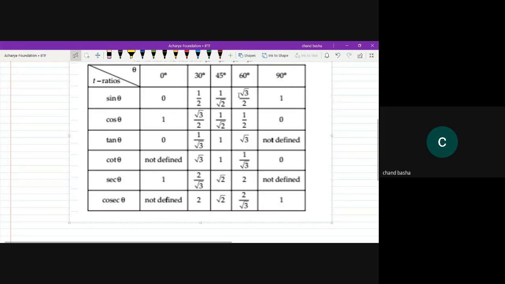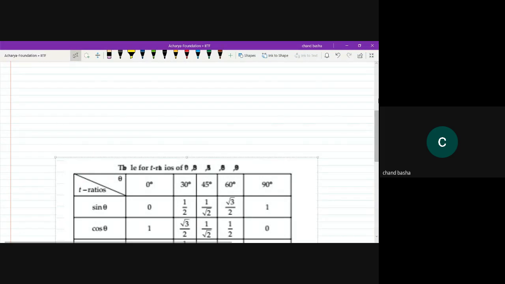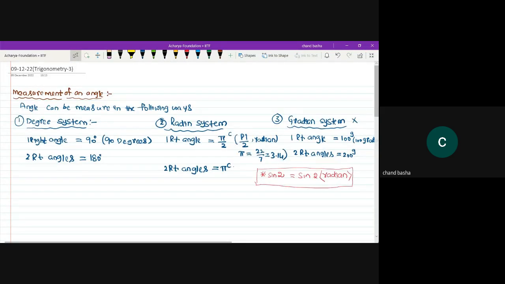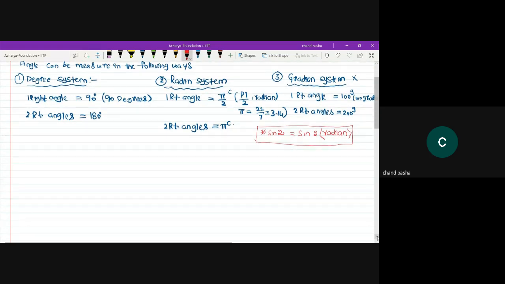Now, what I'm going to discuss by using this degree and radian system means I can have a few of the standard tabular values, but before that, how can I calculate these degree and radian systems.